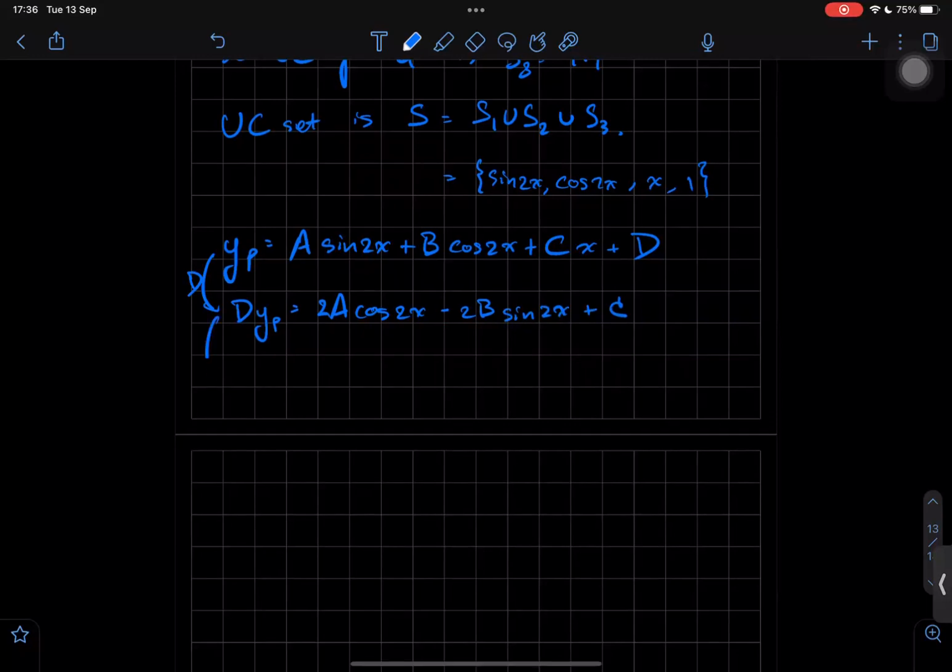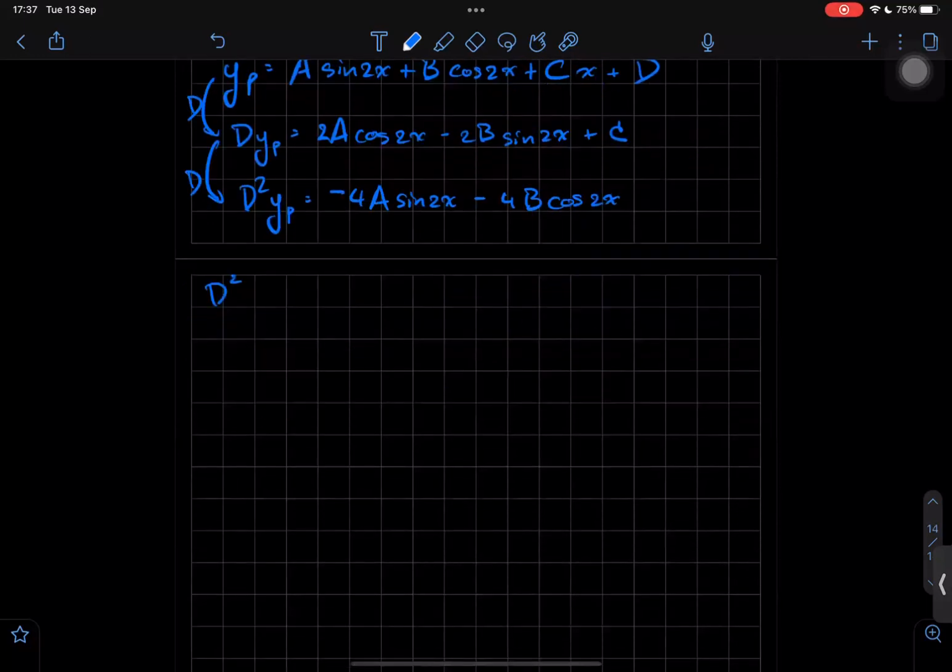And D squared yp will equal minus 4a sine 2x minus 4b cos 2x.